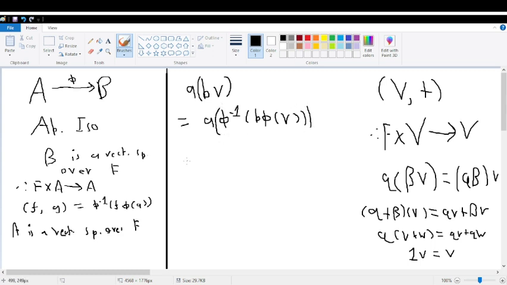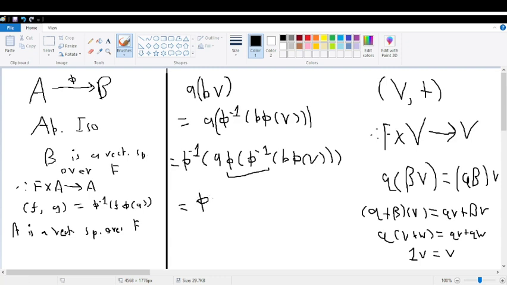Then we have that this is equal to phi to the negative 1 of a of phi to the negative 1 of b of phi of v. However, these two, because they're inverse functions, cancel each other out. So this is equal to phi to the negative 1 of a b phi of v.